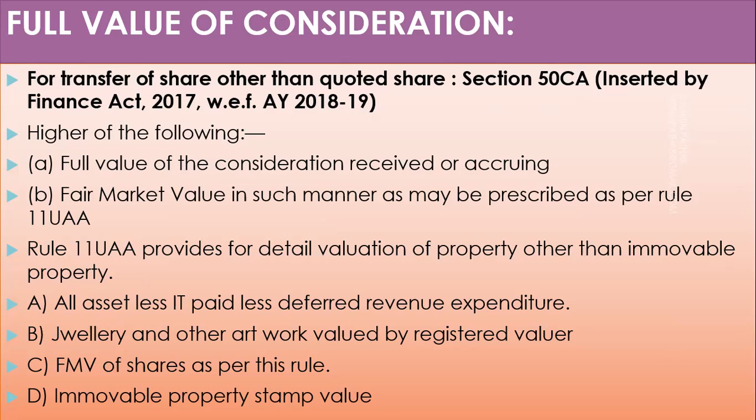For the fair market value of shares, the same would be applied. Suppose I have a company, and I have an unquoted share of A, and I also have a B unquoted share. So I have to value B also for the purpose of the consideration for A's valuation. Immovable property will be valued at stamp value.